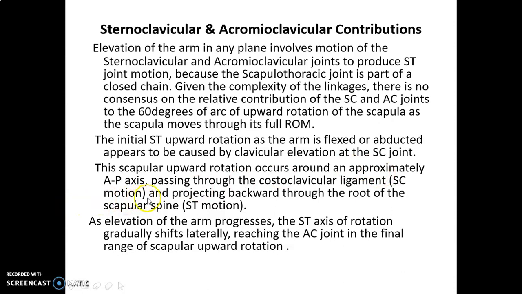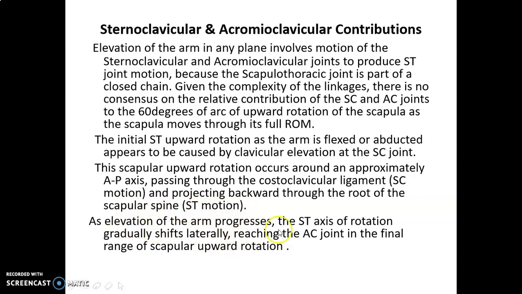So the axis is in that area and projects backwards through the root of the scapular spine, the base of the spine. That is the first scapulothoracic motion. It happens at the sternoclavicular joint, with the anterior-posterior axis through the costoclavicular ligament, and this axis is projected backward through the root of the scapular spine in the scapulothoracic motion.